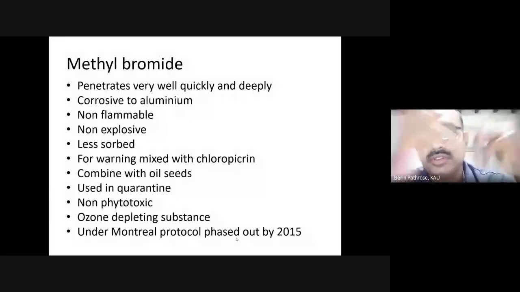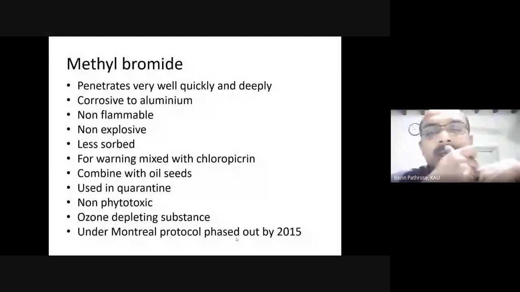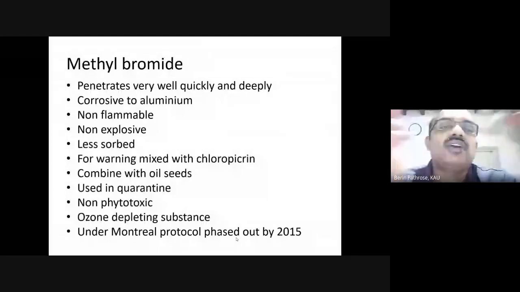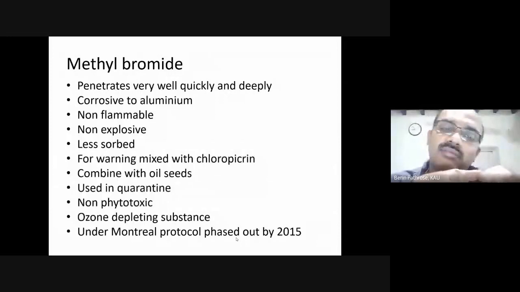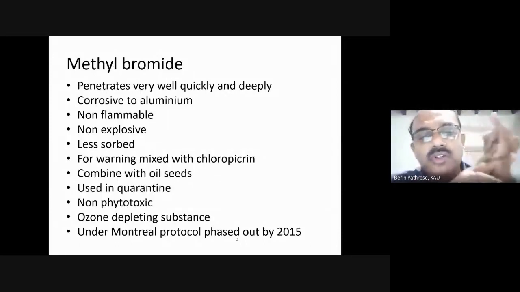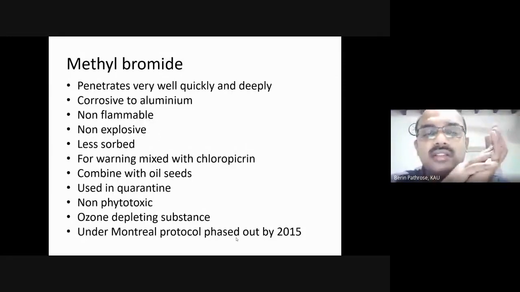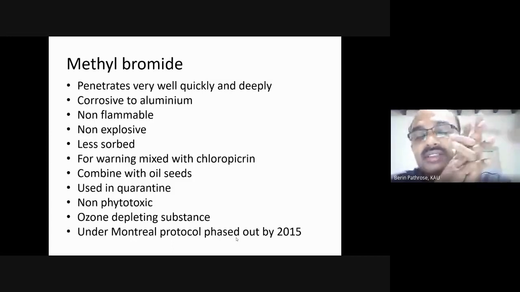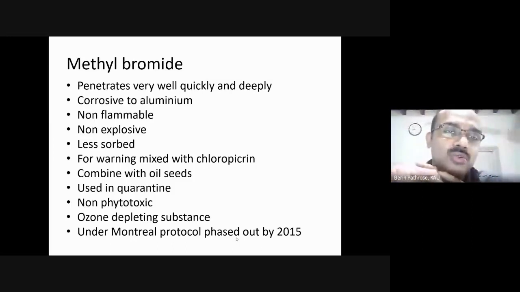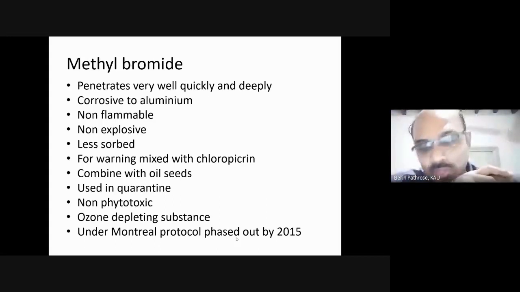That is one key advantage because it penetrates very quickly. Though a few disadvantages are there, like avoiding oil seeds and corrosiveness to aluminum, those things can be avoided. But the major disadvantage of methyl bromide is its ozone depleting property. That's why methyl bromide is not widely used now, but still it is prevalent in quarantine.